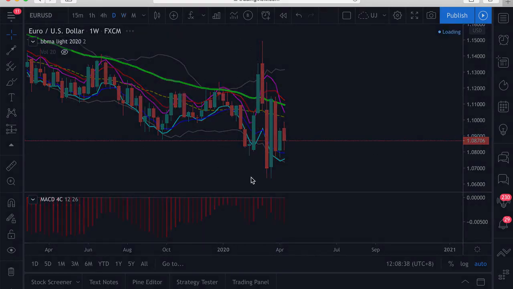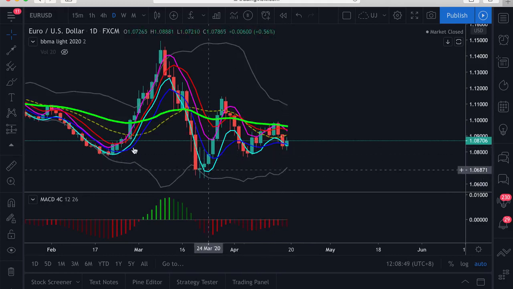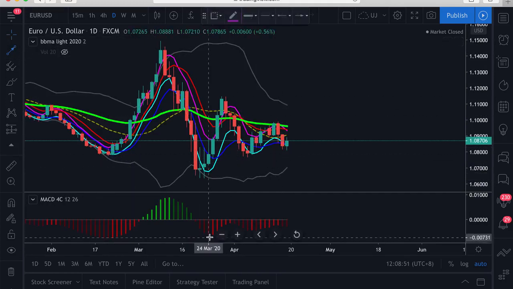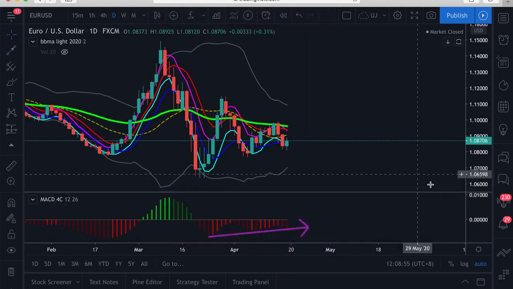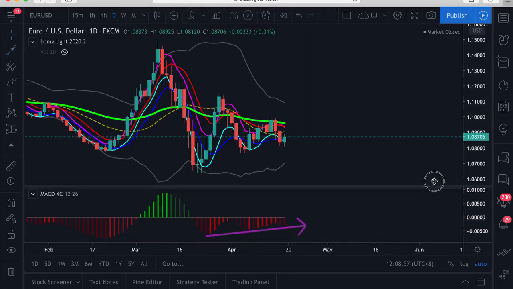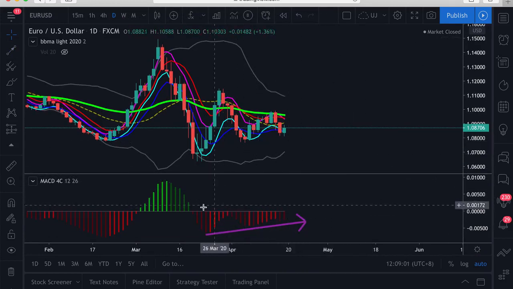On D1, we can see it's making an MHV buy. It tried to go down, but it's not able to make a CSM. And if you look at the oscillator, you can see a bullish divergence. Sorry, let me make it a little bit bigger. Okay, so you can see that the price is starting to make a U-turn here.